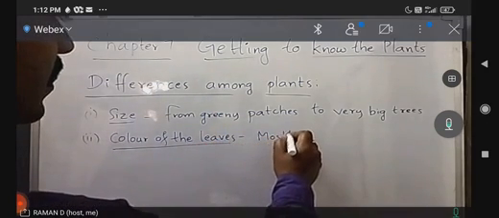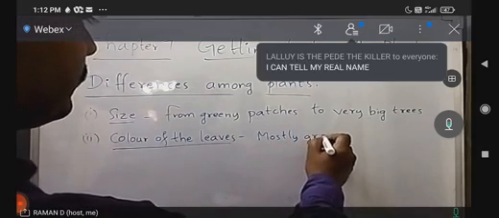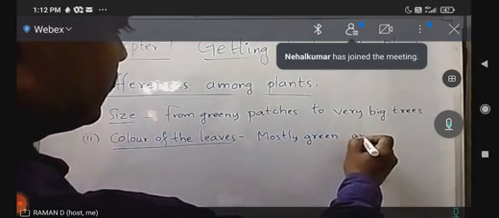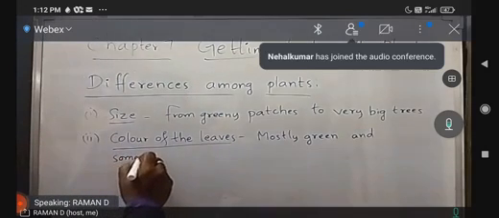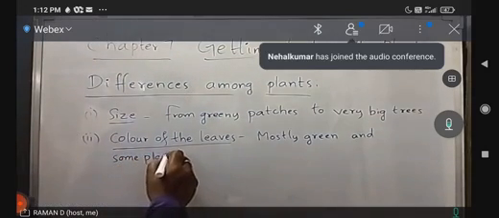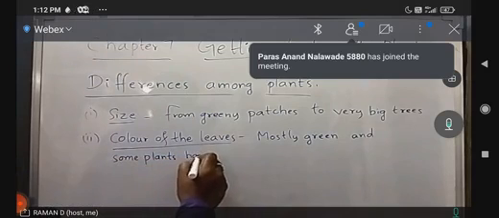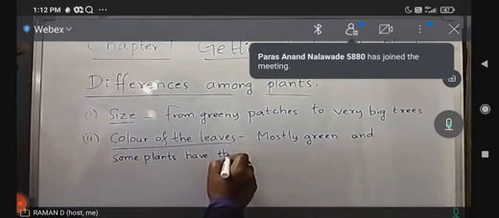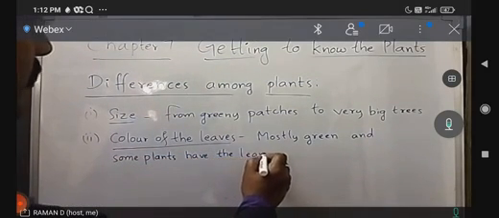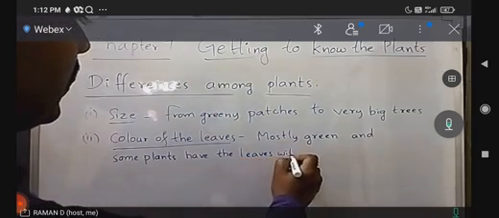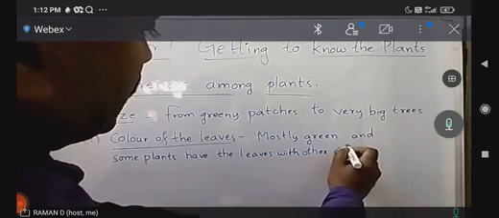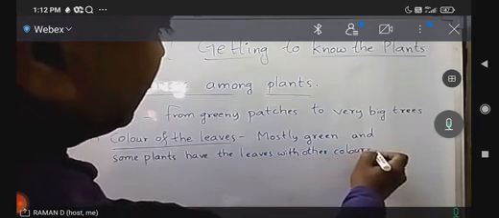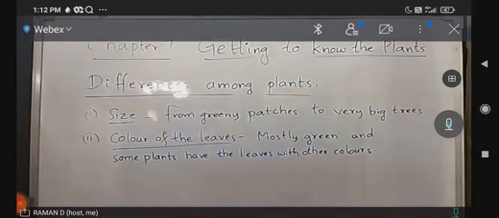Mostly green and some plants have the leaves with other colors. Other colors means some have red colored leaves, some have red yellow patches on leaves, etc. Right? Okay.